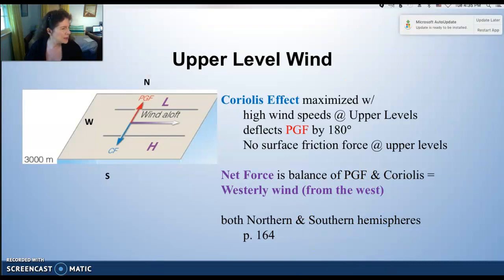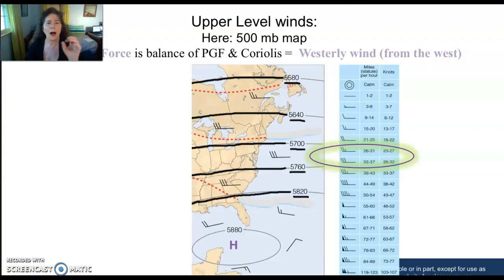To the next one. What I want to point out to you here is that these 500 millibar maps actually roughly double the surface wind speed. So you can take an observation of the surface wind speed, double it, and see what it is at the tracking level of 500 millibars.